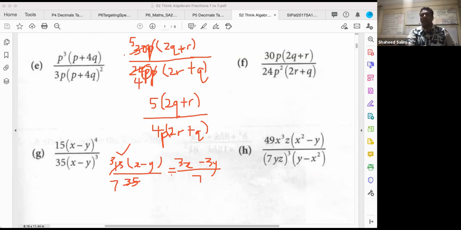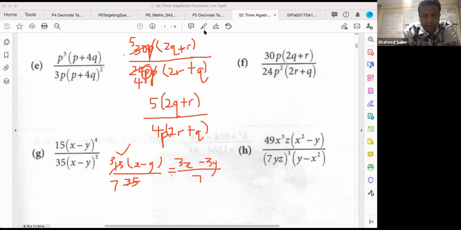Okay, you try question H then. Question H then. Now the bracket x squared minus y, and then y minus x squared, there is a way to cancel that.